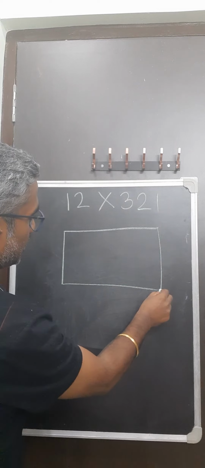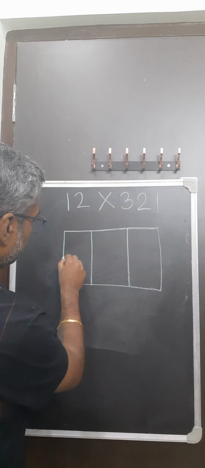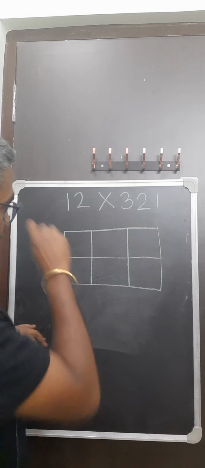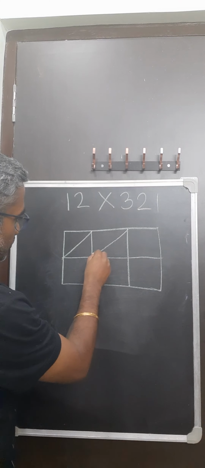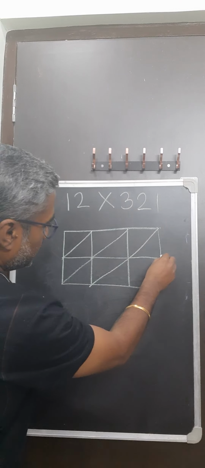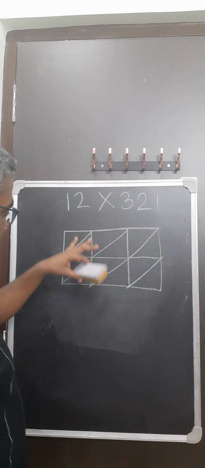Now how will I divide that? I will divide it in 3 parts, and horizontally I will divide it in 2 parts. Again I will divide each cell in 2 segments by a diagonal.